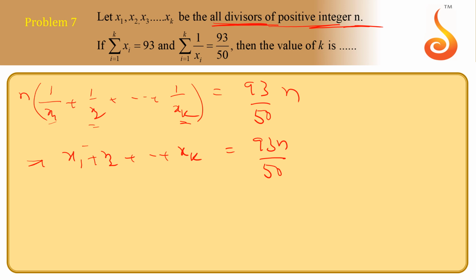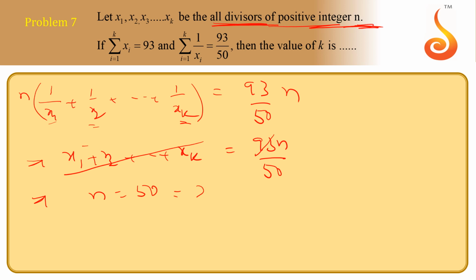So try to understand: x1, x2, up to xk are the factors of n. When I do n into 1 by x1, x1 compulsorily cancels n to generate another factor among these x1, x2, up to xk only. That's why whatever is left over will again be the sum of the factors, which is given as 93. So this 93 and this 93 get cancelled, so n equals 50. So the number n is 50.